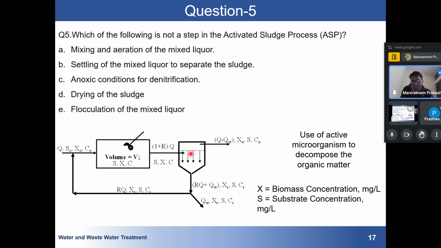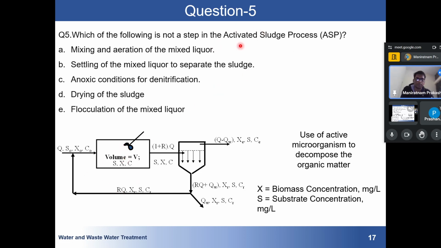So what will happen now? Imagine what was happening initially, ignoring this flow. Water comes here, there is some aeration, then it gets treated and goes through the second unit. Now I am taking some active organisms from here and passing them here, so that along with aeration, decomposition of the organic matter in the system starts to happen here.